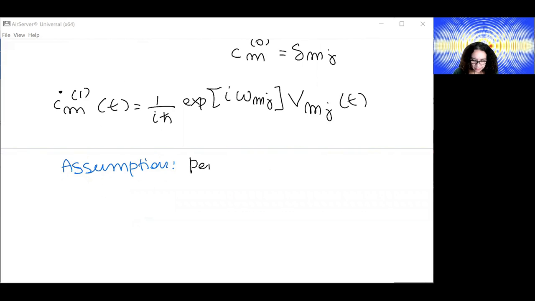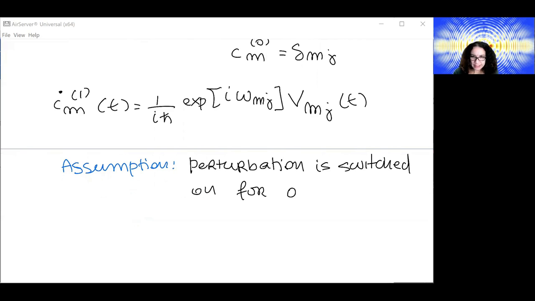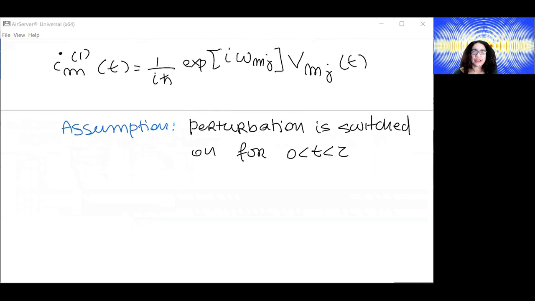So our perturbation is switched on for 0 less than t less than tau, so a time between 0 and tau. And we can then make equality, so take it really from 0 to tau. And we can integrate this.